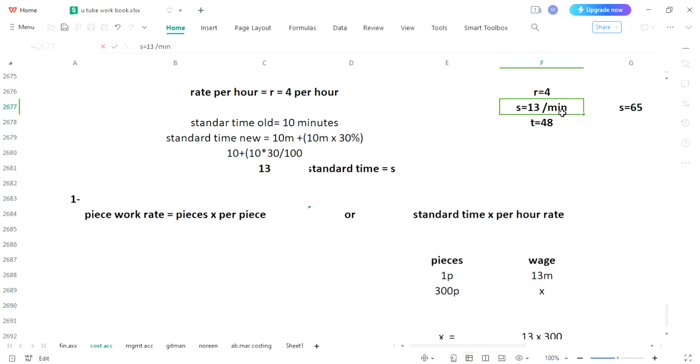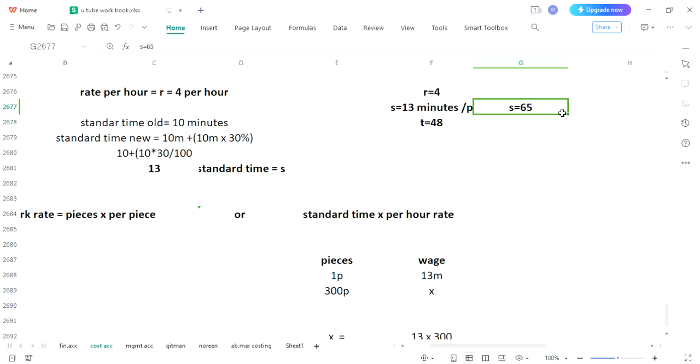These were 13 minutes per piece. And what we have calculated, 65 hours are for 300 articles. So S is given 65 and this is for per piece, R is 4, T is 48.